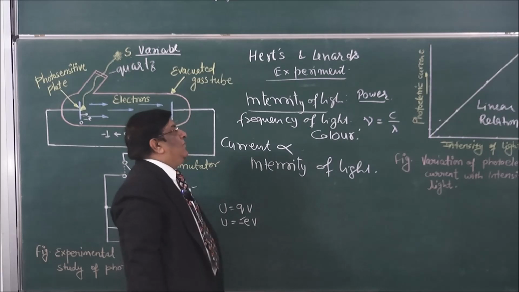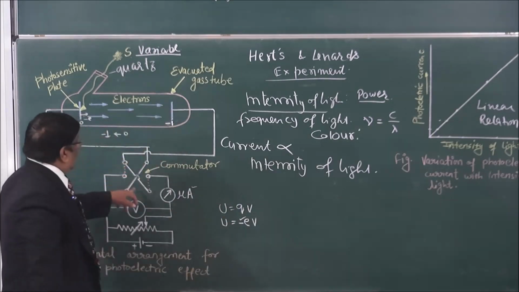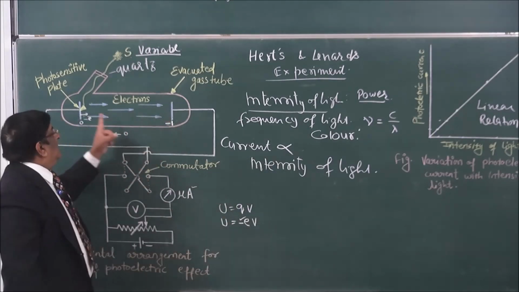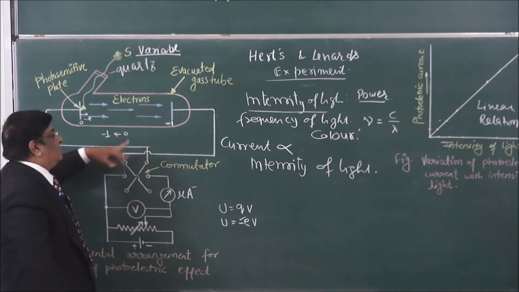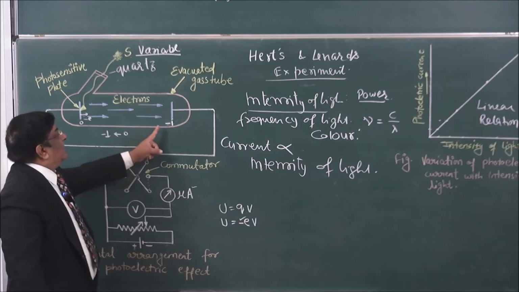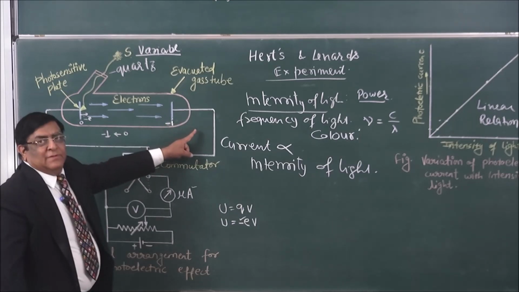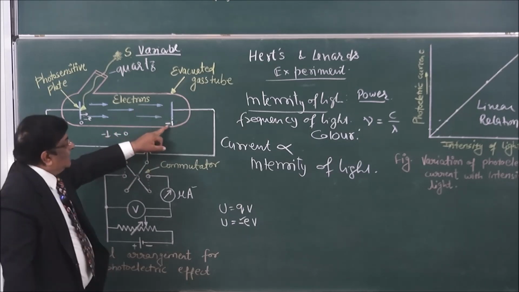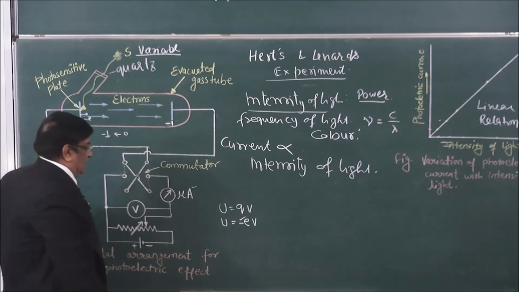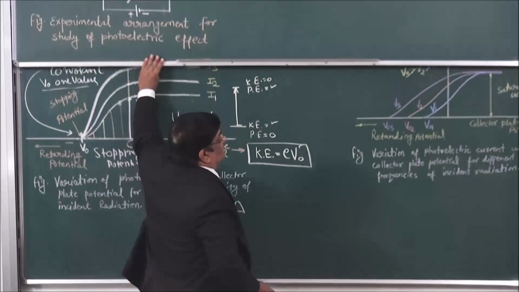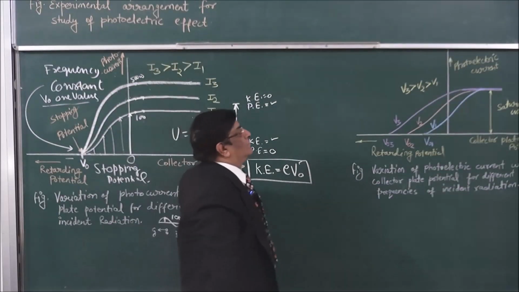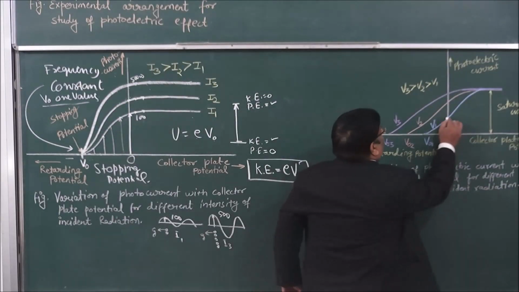Now with each I do my experiment. First I keep the potential difference 0 and allow the current to flow. Then I make it positive, then I make it negative and take the observations. See how the observations change. This is frequency 1.